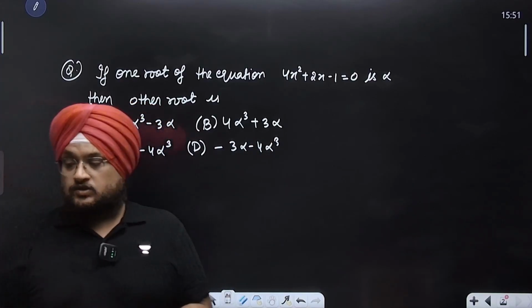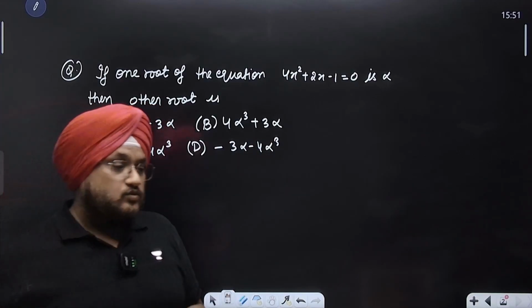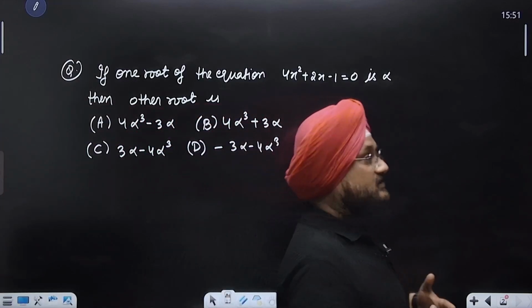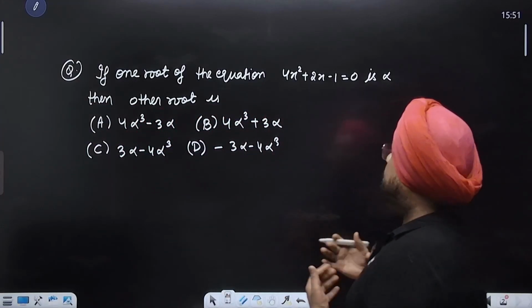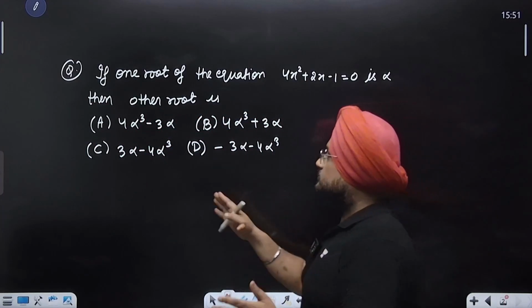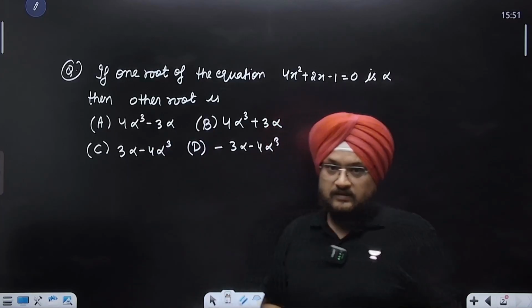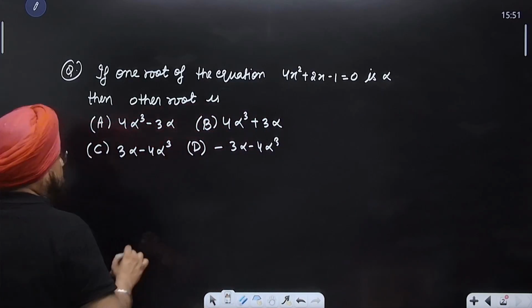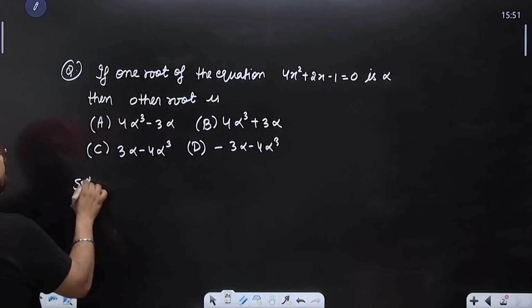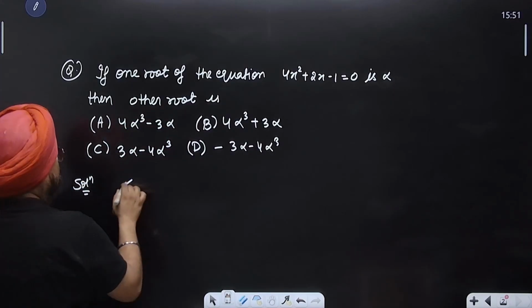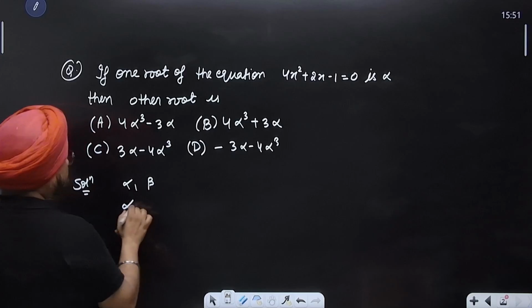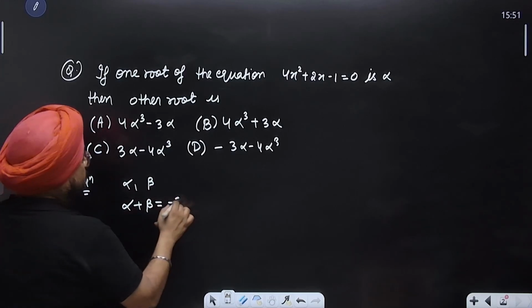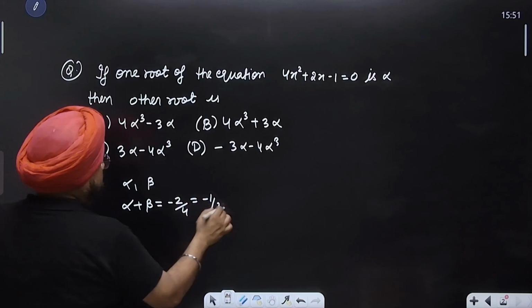Okay, so we can do this problem. As we can see, one root is given as alpha and another root is also given in terms of alpha. Okay, so the question is not that simple, that we can assume one root is alpha, other root is beta, sum of roots is minus 2 by 4, that is minus 1 by 2.